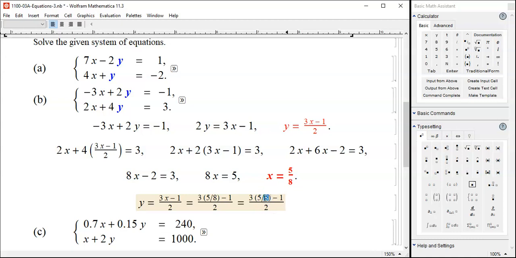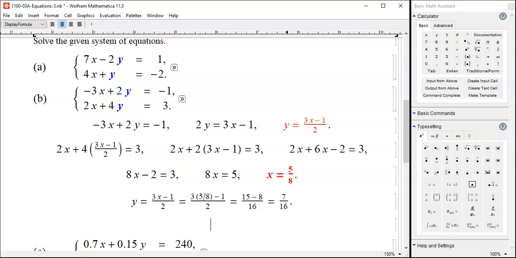If I do that, that's gone, so we have 3 times 5, so this whole thing is going to become 15. Multiply by 8, 1 times 8 is 8. Multiply by 8, 2 times 8 is 16. And we have, as expected, 7/16.